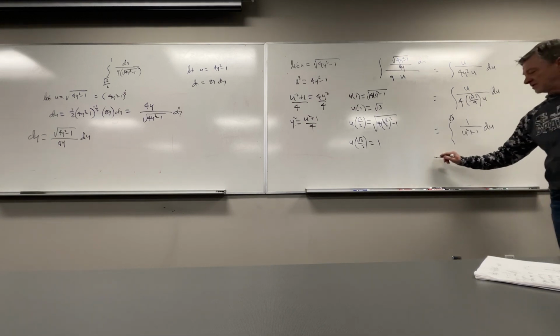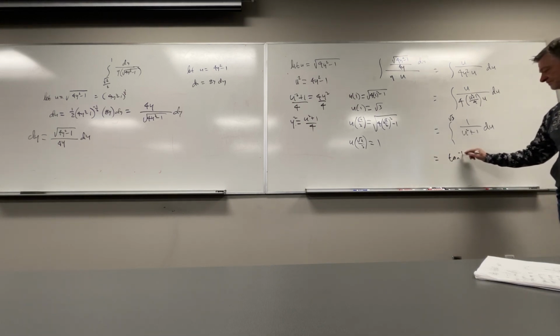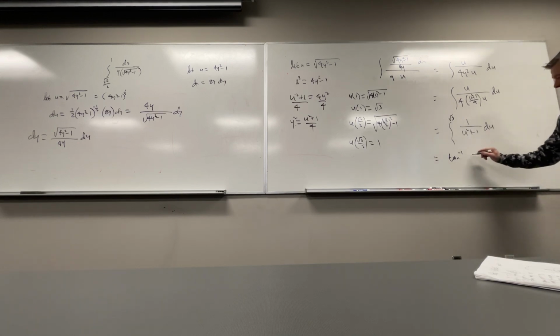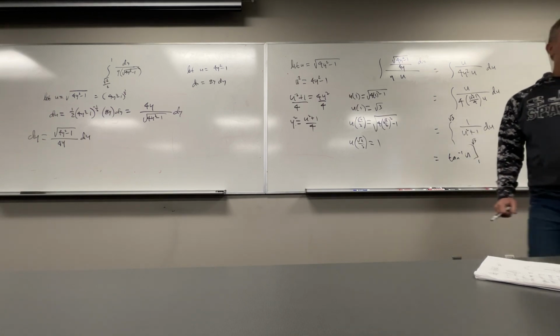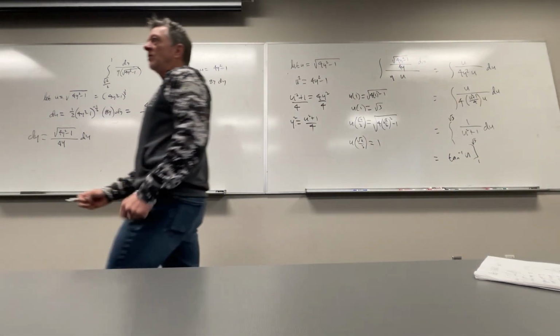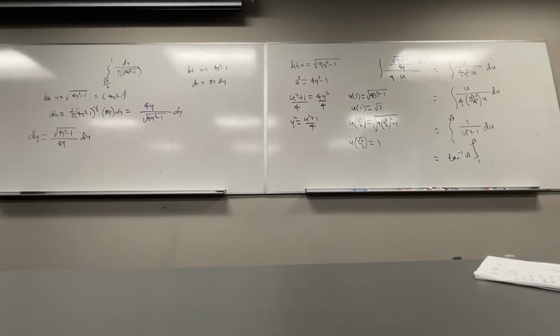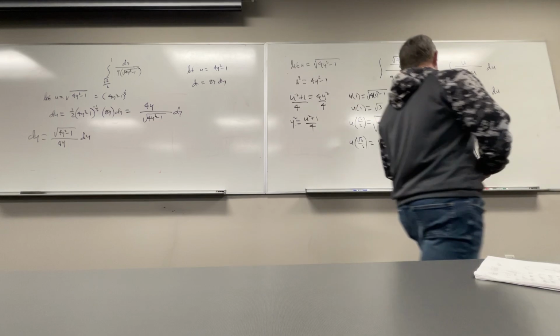So what we have here is inverse tangent u evaluated from 1 to the square root of 3. Now, if you don't remember that, not a big deal. Do this. Google it. Get on your phone or computer or whatever you want to, and Google integral 1 over u squared plus 1. Okay, good.